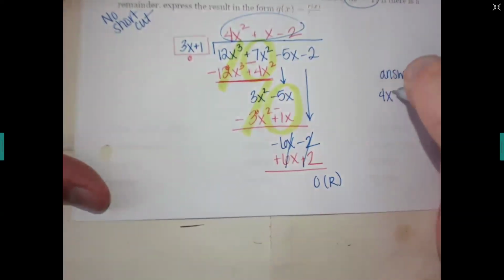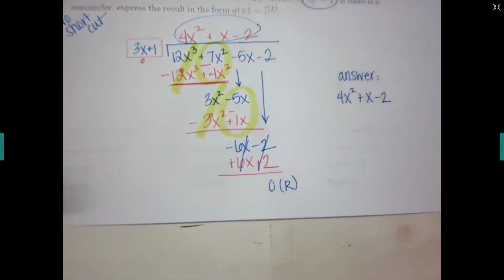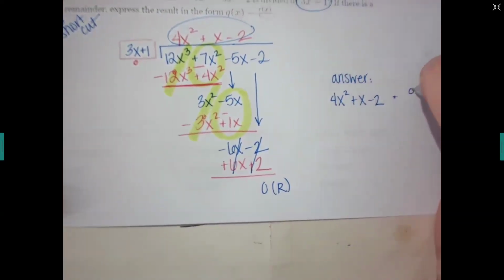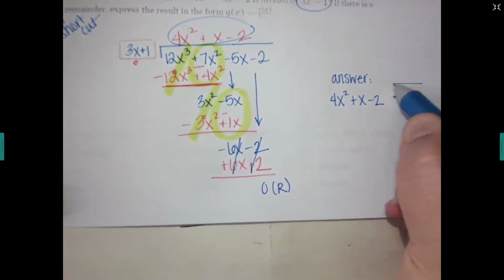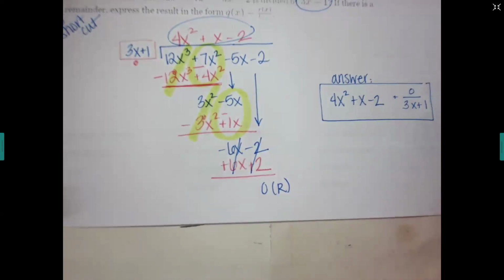So 4x squared plus x minus 2 plus a remainder of 0 over 3x plus 1. Okay? But again, you don't really have to put it if it's a remainder 0, but you should know how to in case on your test it's not.